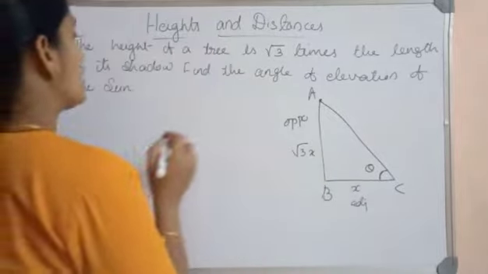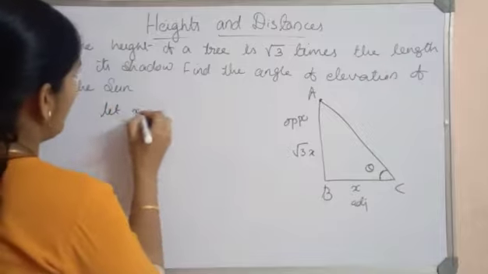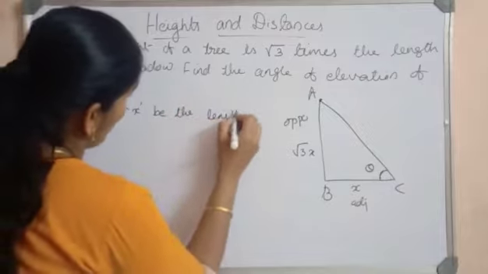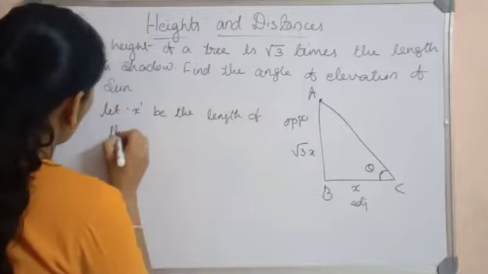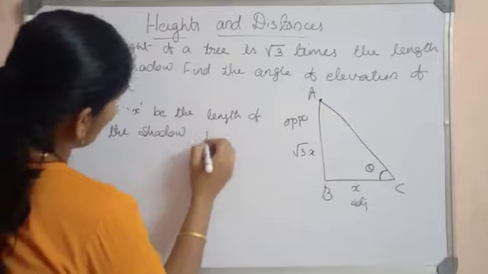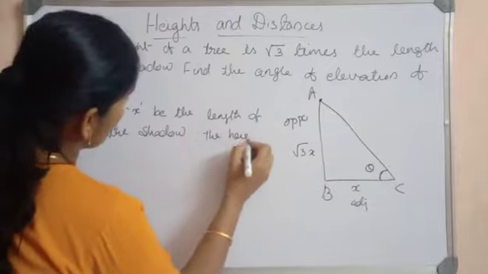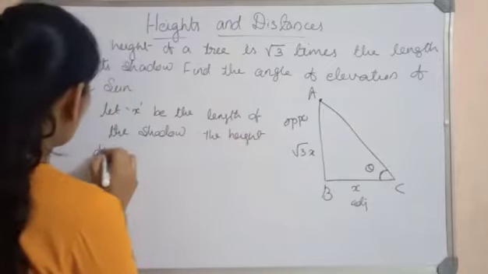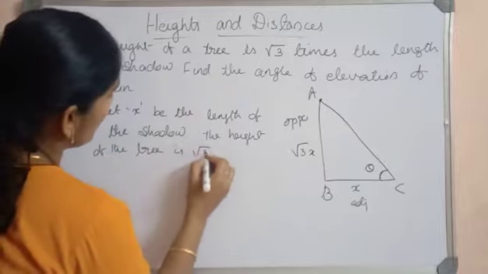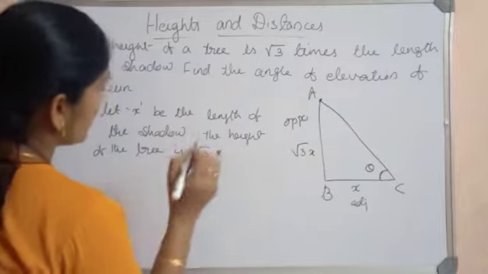So we can write, let x be the length of the shadow. Therefore, the height of the tree is √3x. That is by the given condition.